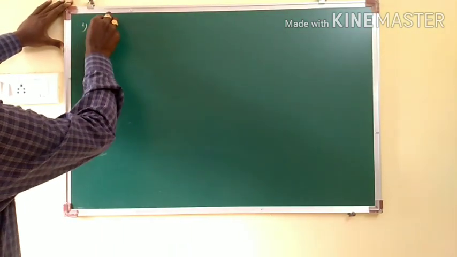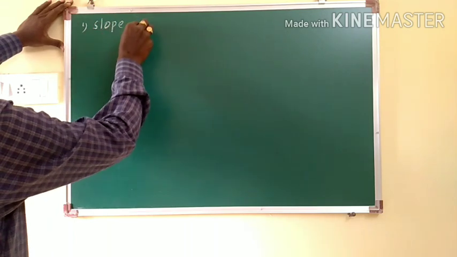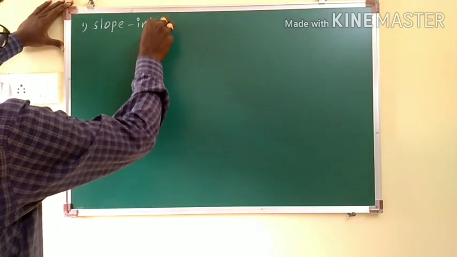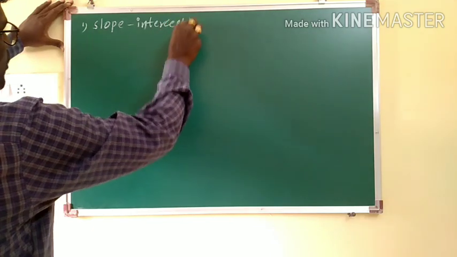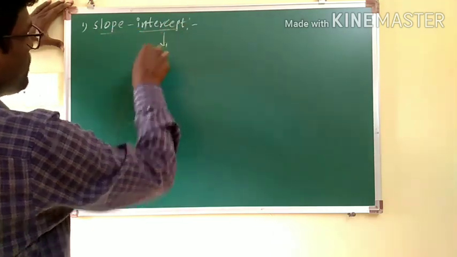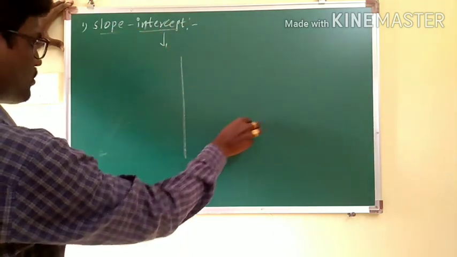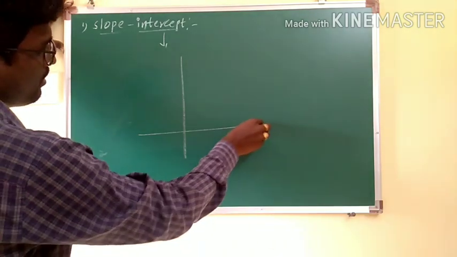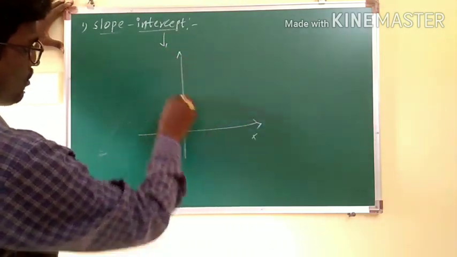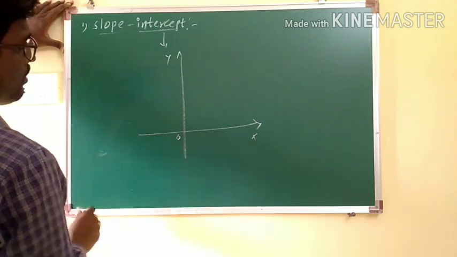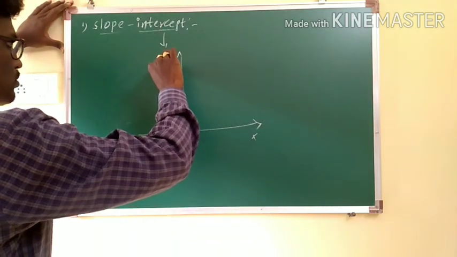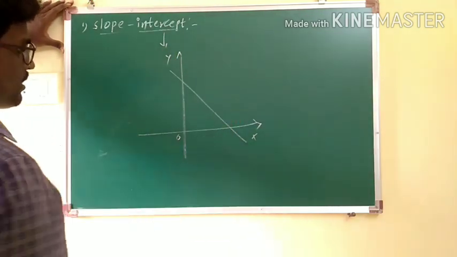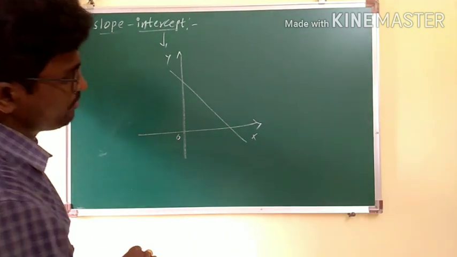The first one is the slope intercept form. What is an intercept? Suppose you take a coordinate axis, and a line cuts the x-axis and y-axis at some units.